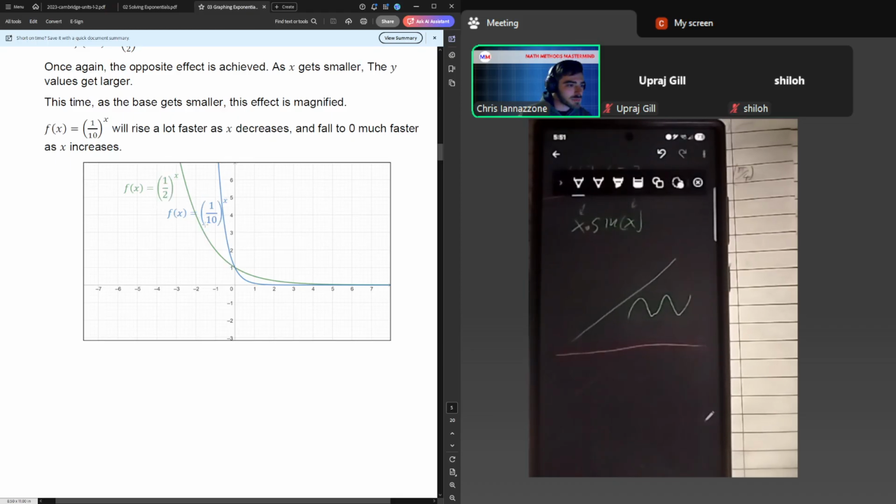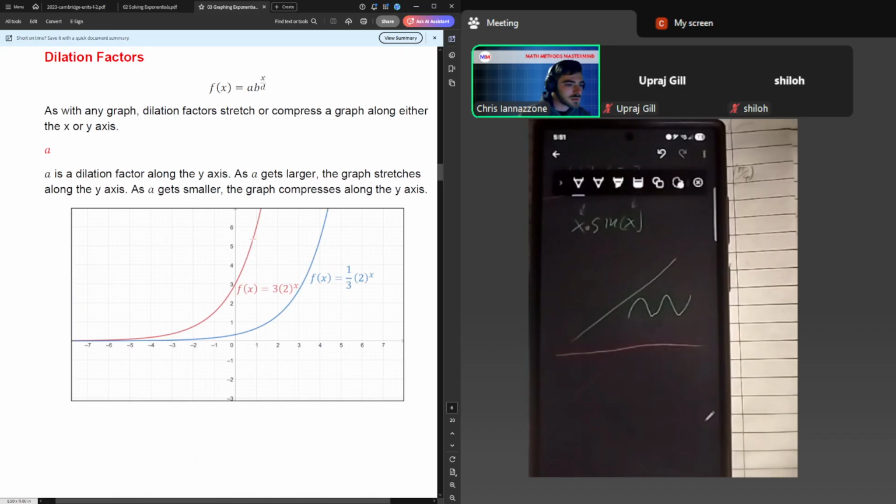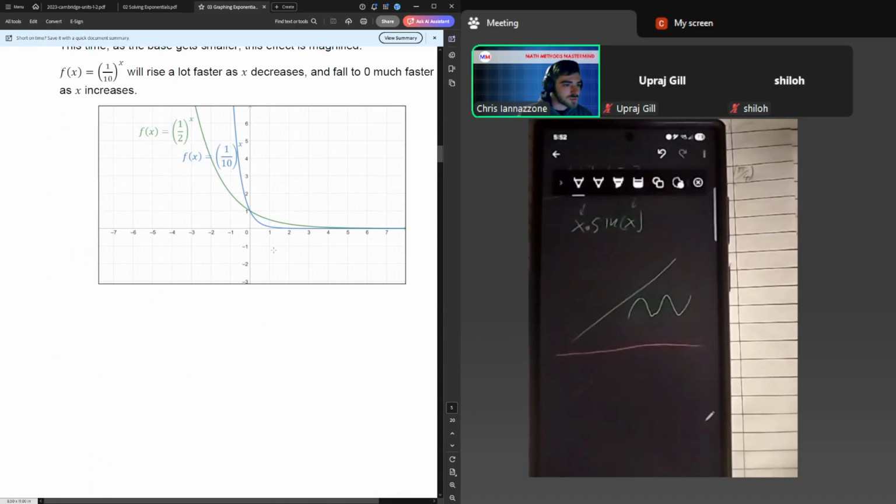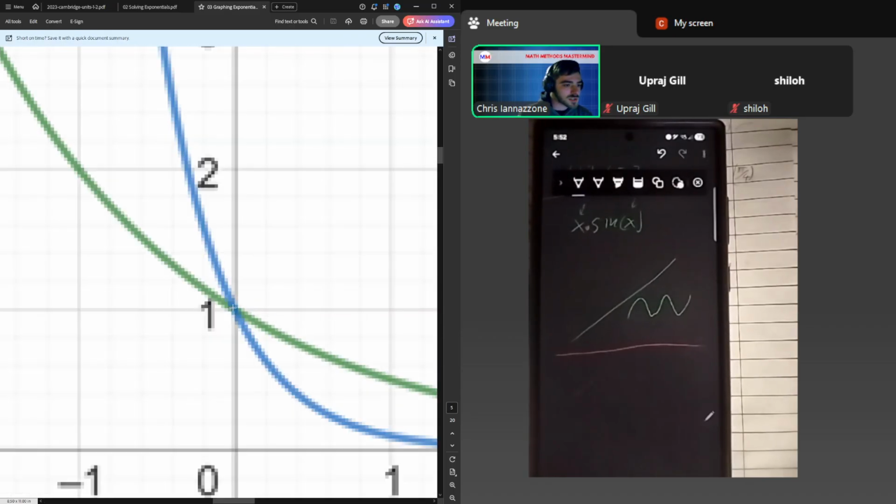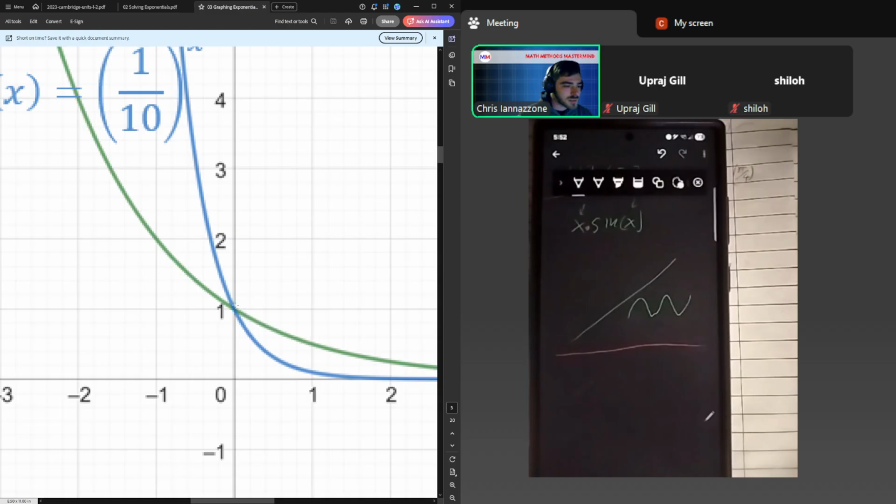Yeah, same thing here about bases. Dilation factor works similarly. The only nuance between them is that the dilation factor is a multiplier after any exponentiation, whereas when you change bases, they'll still cross over at the same spot, at least as far as the y-axis is concerned.